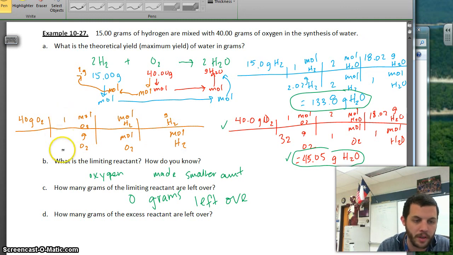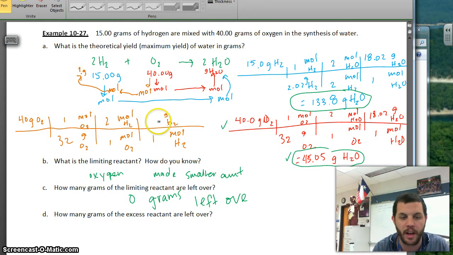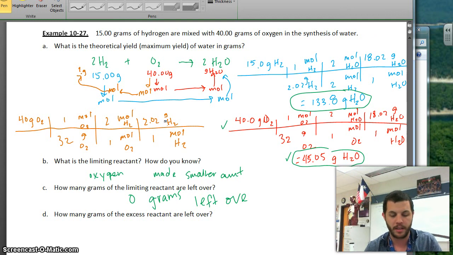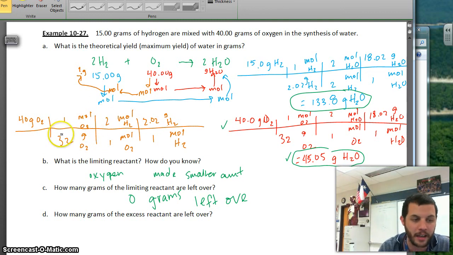Okay, 1 mole of O2 is 32 grams. A mole to mole ratio, 1 goes with O2, 2 goes with H2, and 1 mole of H2 is 2.02 grams. Remember, this is going to tell me exactly how many grams of hydrogen reacted with oxygen. So I've got 40 times 2 times 2.02, enter, divided by 32, and I see that I used exactly 5.05 grams of H2.